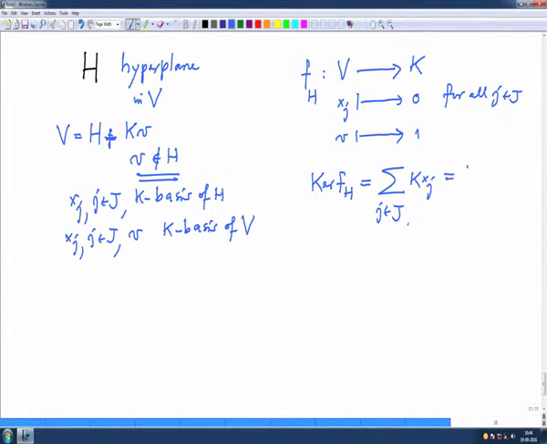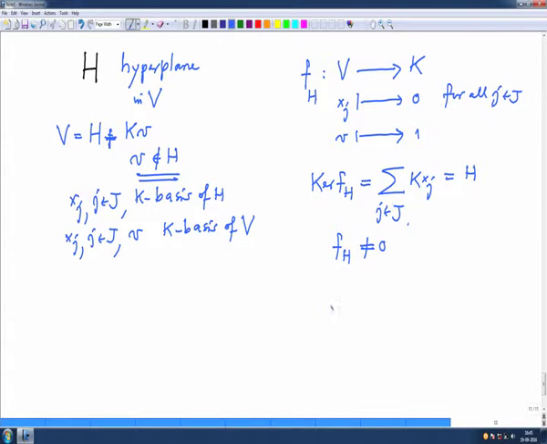But this is nothing but H, in fact the xj's are a basis of H. So, the kernel is this H and this f_H is also non-zero. So, from a given hyperplane we got a non-zero linear form.